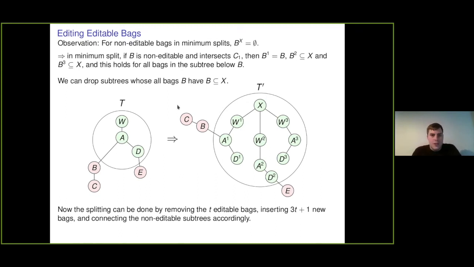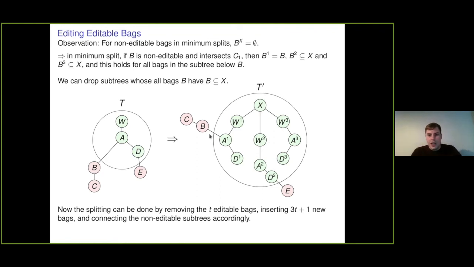So what happens in this local construction is that for editable bags we do this construction: we split them into three parts and merge by the separator X. But for non-editable subtrees, we don't touch them.